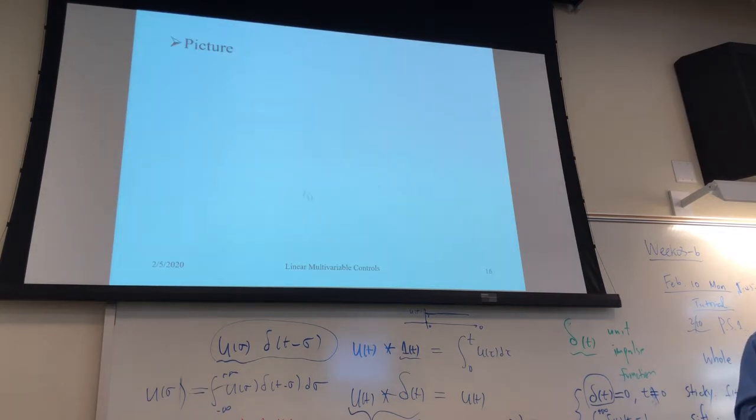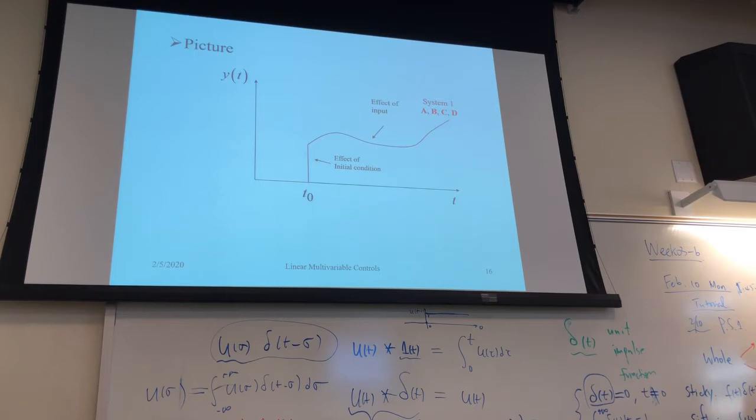So take a picture of this one. You have a system, you have a response. System 1, you have A, B, C, D. Starting from t0, then we respond like that. This is due to the initial condition, but if this initial condition comes over here and you have an input signal in here, we have two parts of the solution.